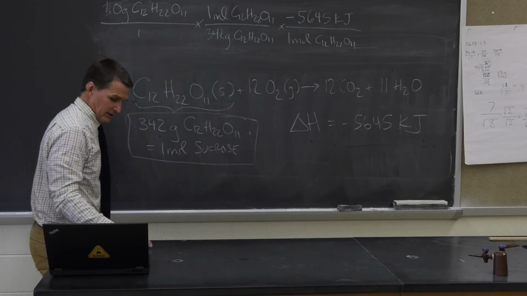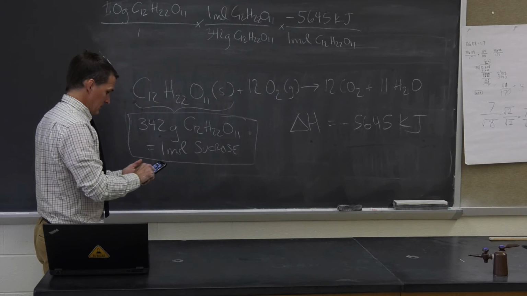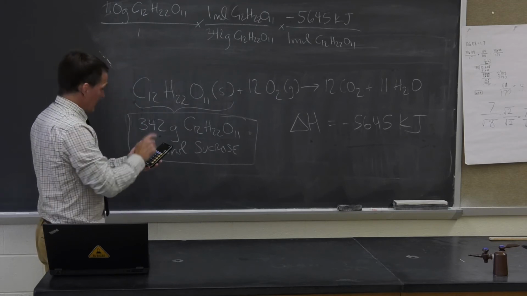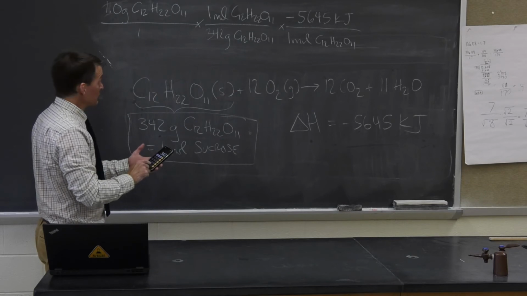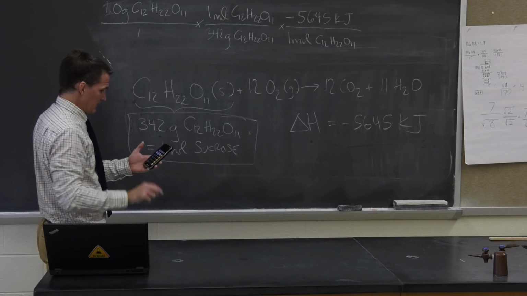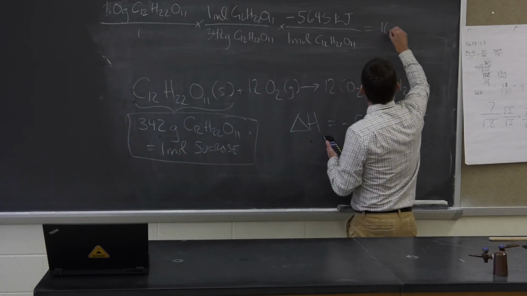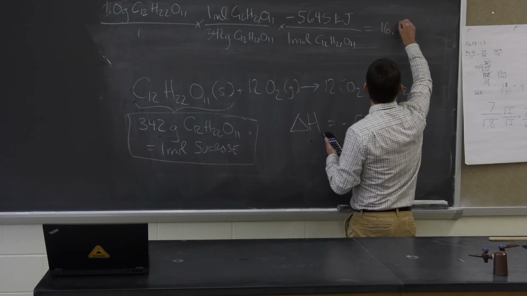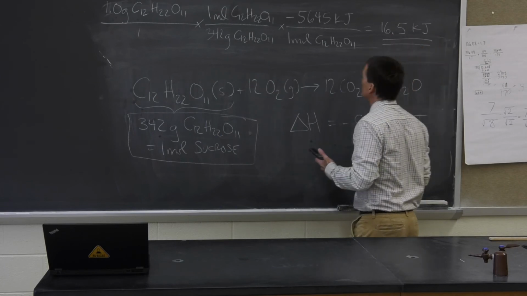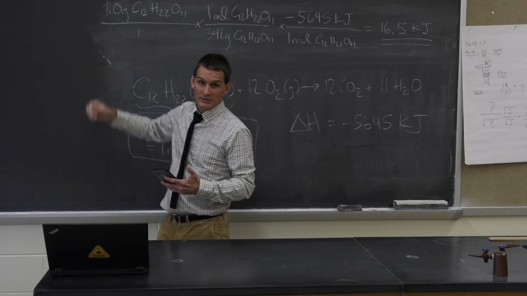But let's run this calculation. Let's see. 1 gram divided by 342 times 5645. That is equal to 16.5 kilojoules of energy for every gram of sucrose that is combusted.